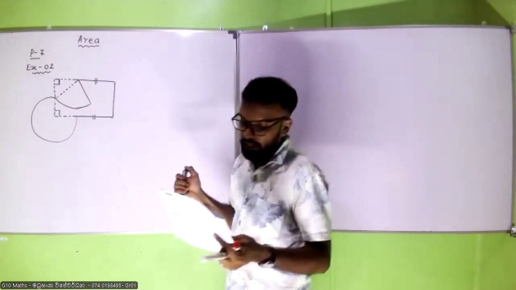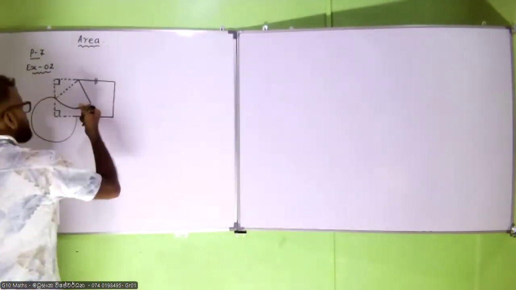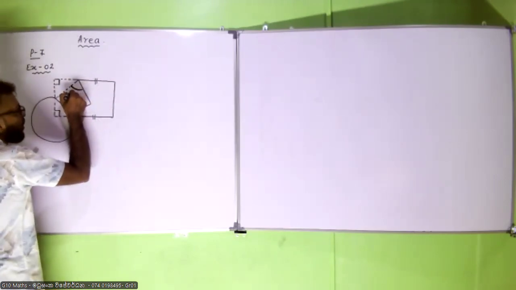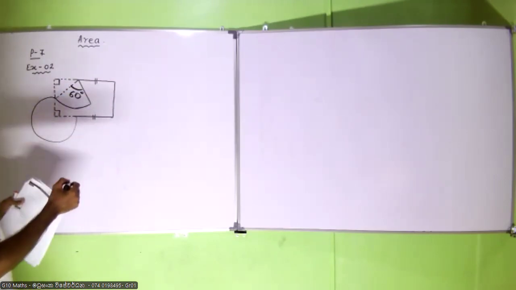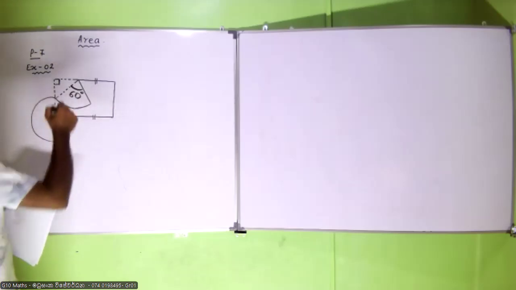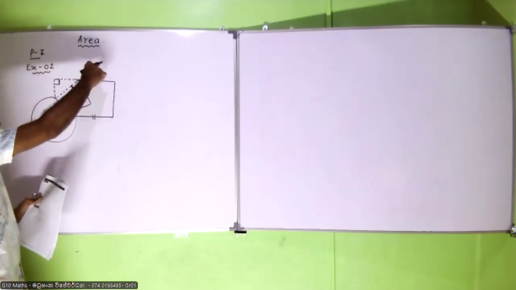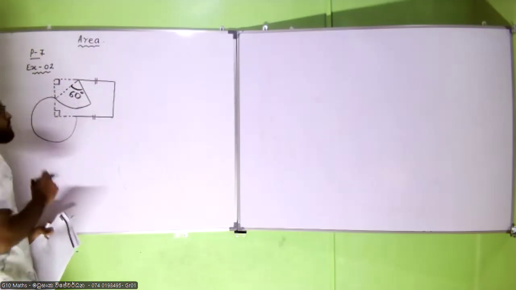So I will mark the lengths. Also this angle is 60 degrees. So you have to find the area inside this thick border.